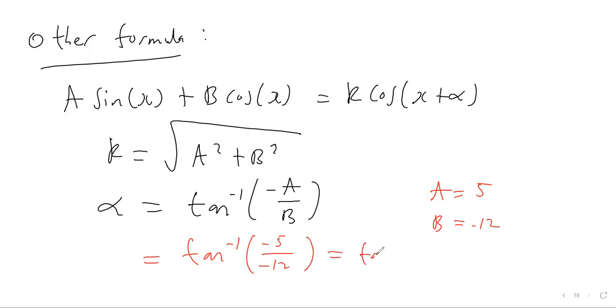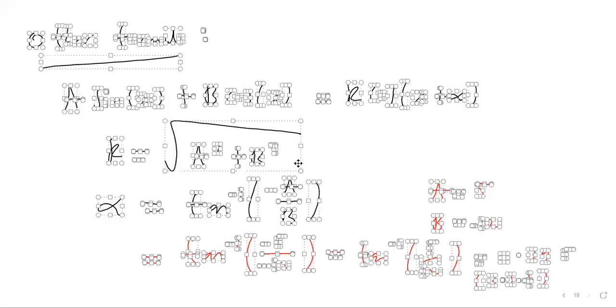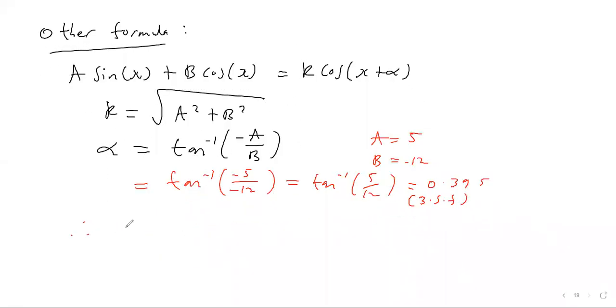So that's going to be tan inverse of 5 over 12. We can put that into our calculator, tan inverse 5 over 12. That would get us 0.395 to 3 significant figures.